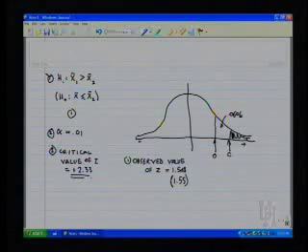Would you agree? 6.06% is 0.0606 expressed as a proportion. So if we reject the null hypothesis with an observed value of z of, let's say, 1.55, what is the likelihood of committing a type 1 error?